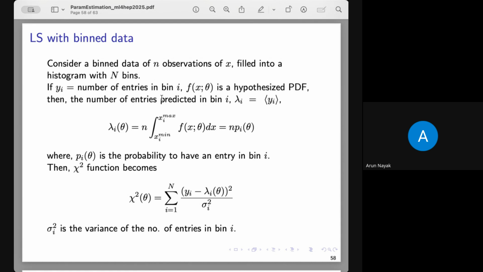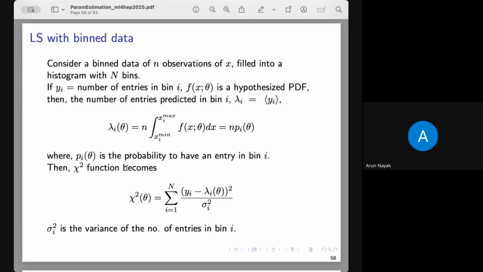Then lambda i, the expected number of entries in each bin, is the mean of yi. You can write lambda i as n, the total number of events, times the integral of the probability density within the bin range, that is n times pi of theta, where pi is the probability of an event to enter that particular bin.